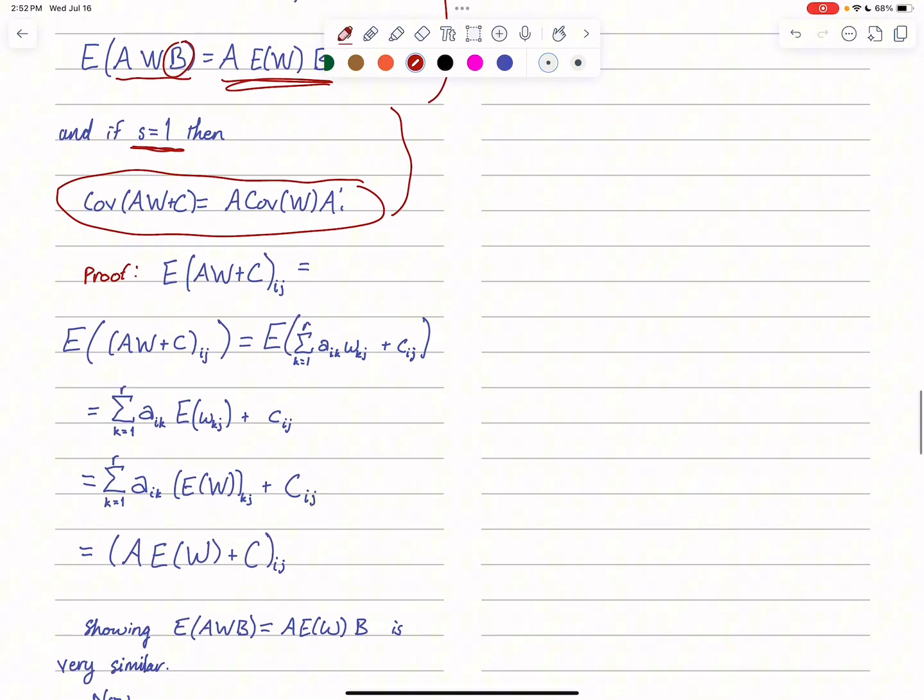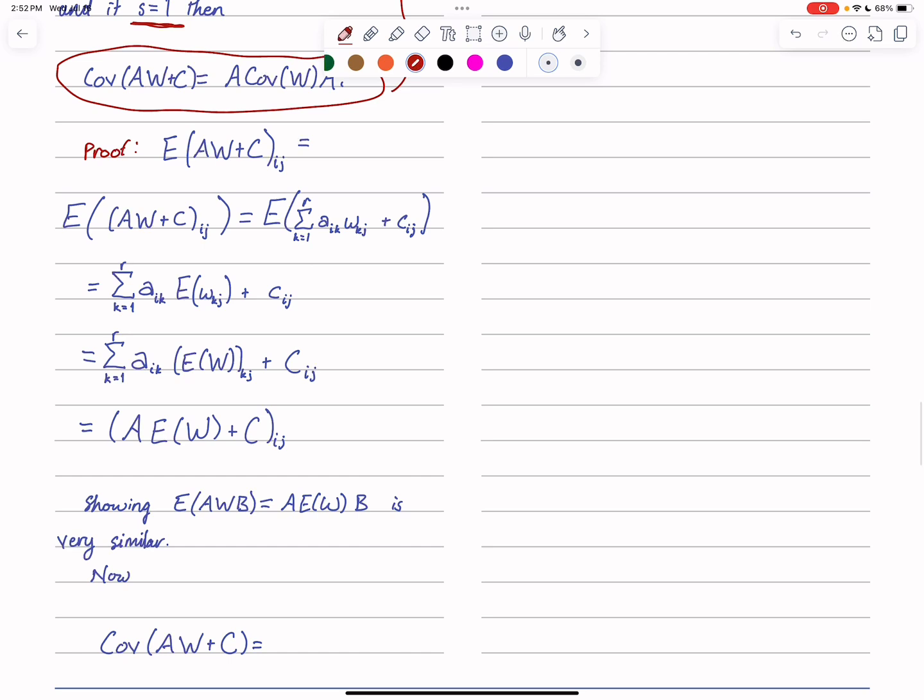So we are going to take the expected value of AW plus C, and we're going to try to prove that it's equal to some other matrix. Well, the natural way to show that two matrices are equal is to show that they are equal coordinate by coordinate, right?